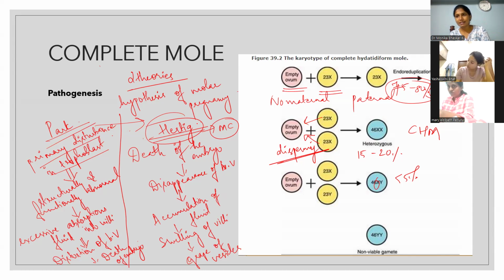So this results in a complete hydatidiform mole. This is a diploid pregnancy, but the entire genetic material is paternal. That is why there are no fetal parts, but only grape-like vesicles are visualized. Only trophoblastic proliferation is seen, but fetal parts are not seen because there is no maternal contribution.